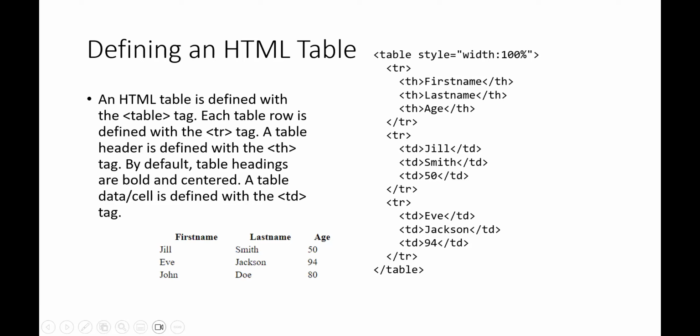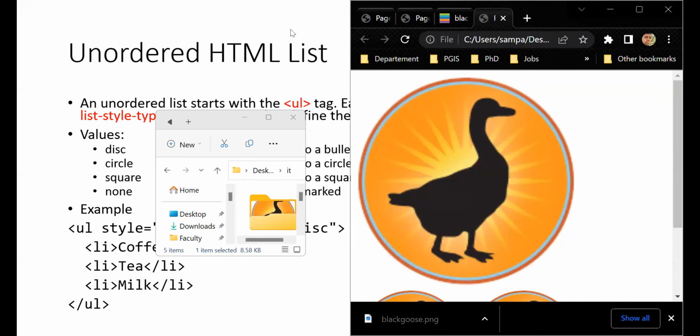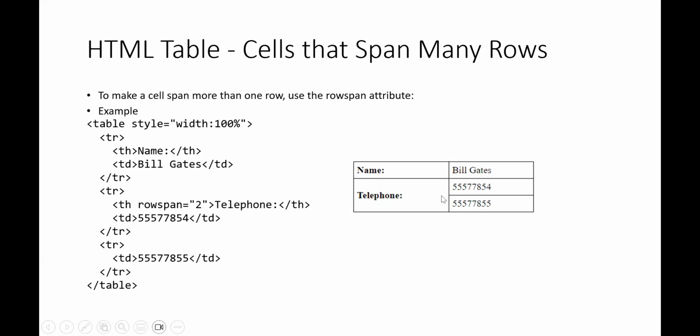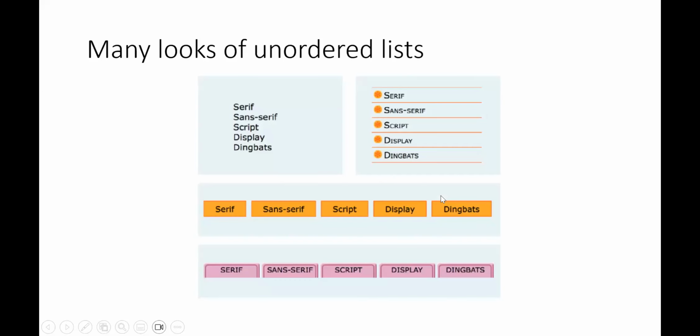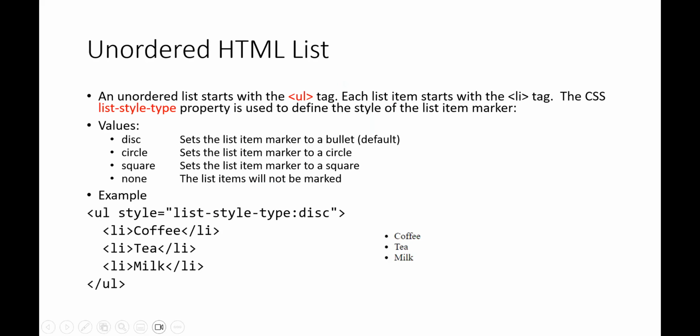When you talk about lists in HTML, there are three types of lists we can discuss. First, the unordered list, which is very useful. The basic unordered list looks like this.